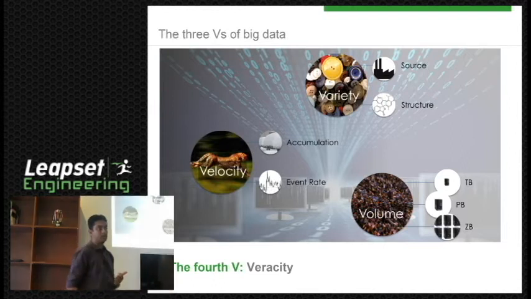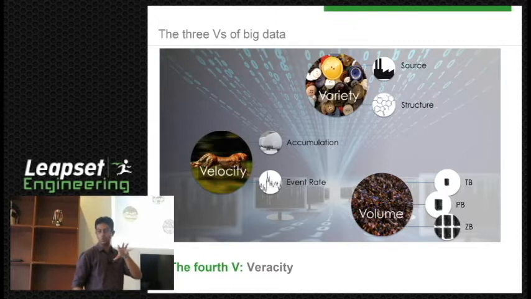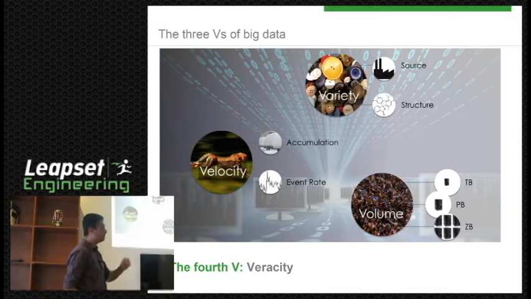The variety of data, as I said, when you deal with unstructured data, comes in different formats: textual data, server logs, which cannot be translated into a tabular format. So these are the 3 characteristics of big data.